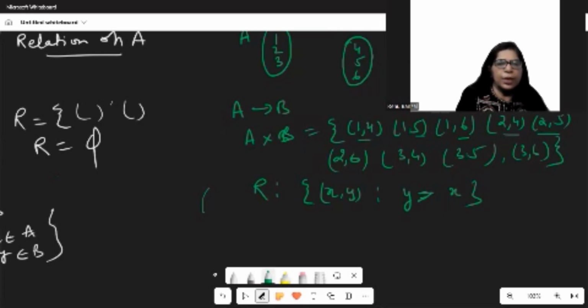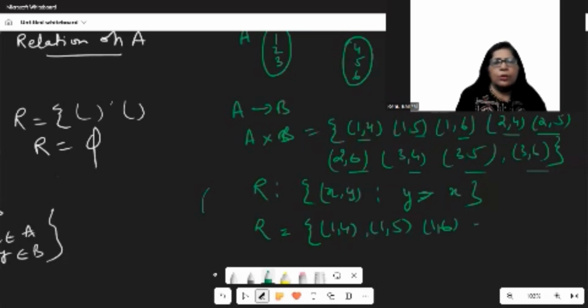That means all elements of my Cartesian product will be in my relation.